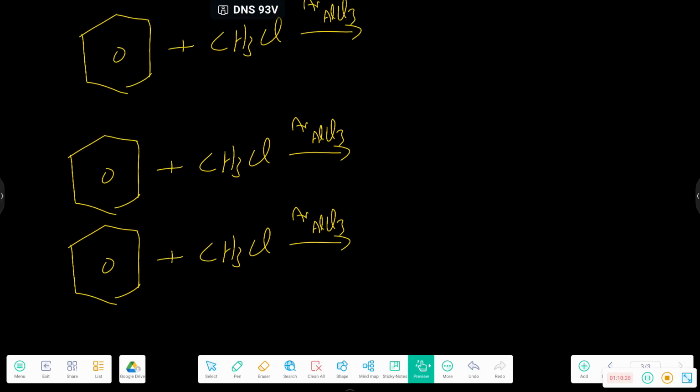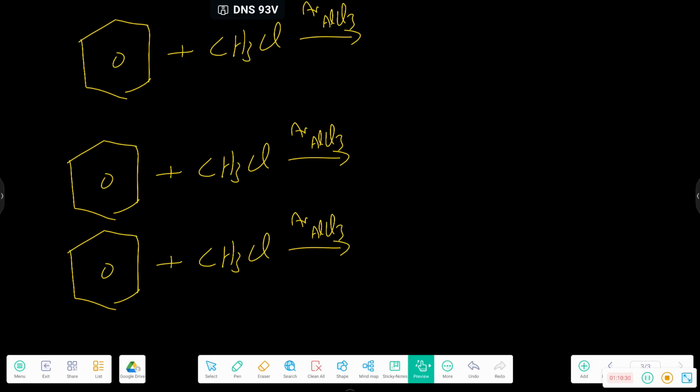Very important, because students will get confused here. I am taking CH3Cl, so definitely toluene will form. That means AlCl3 acts as a catalyst here; the same AlCl3 is formed as a product in the reaction mechanism.